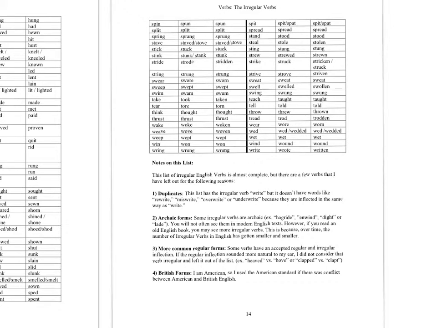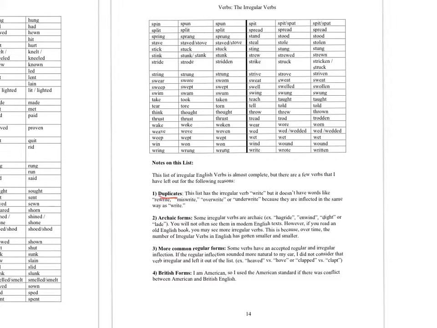Now, just a few things to note. As I mentioned before, if there are different verbs that have basically the same root but different prefixes, I counted them as one verb. This was what we just talked about.